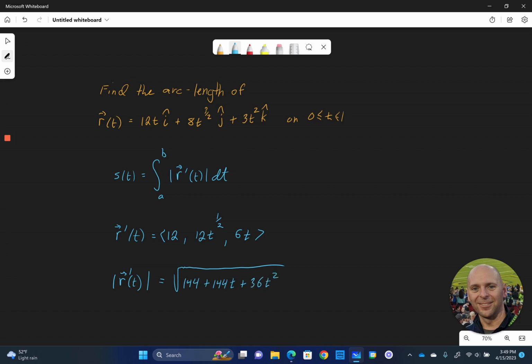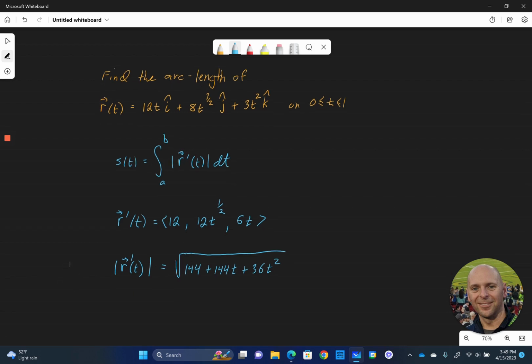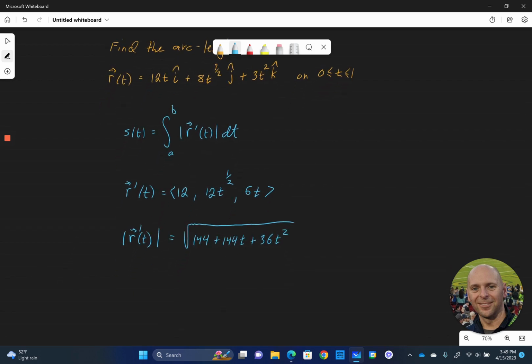So there's our magnitude. And now we throw that into our integral here. So the integral from, in this case, 0 to 1, of the square root of 144 plus 144t plus 36t squared dt.